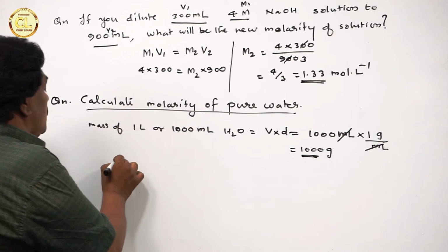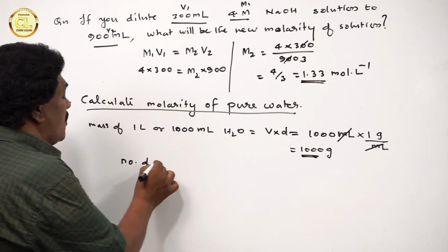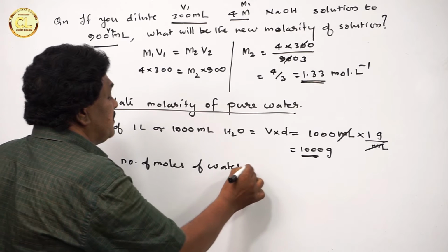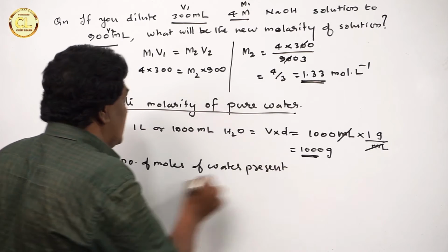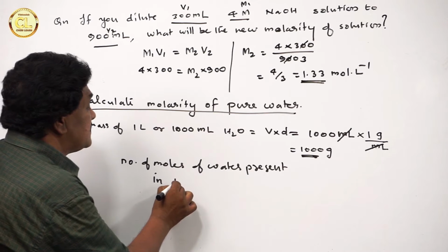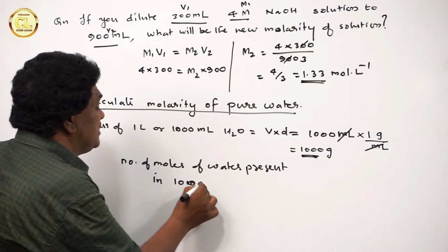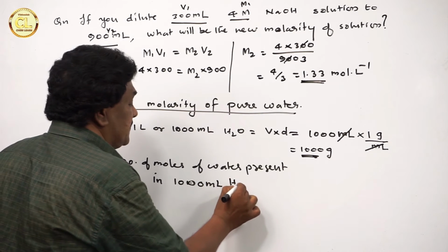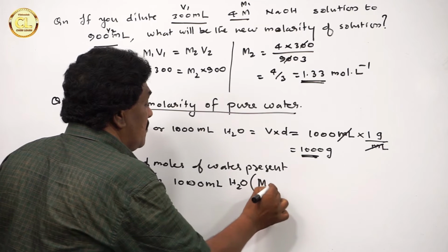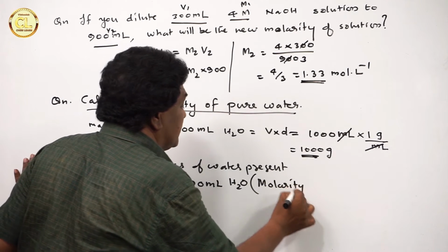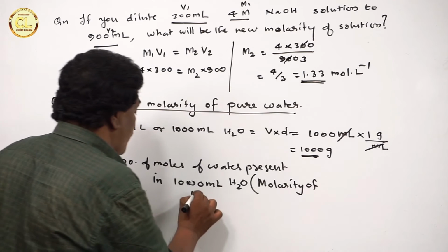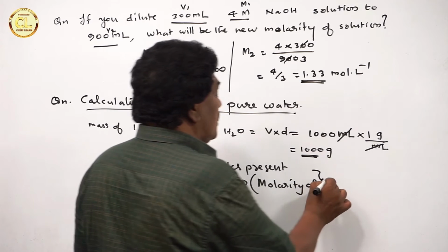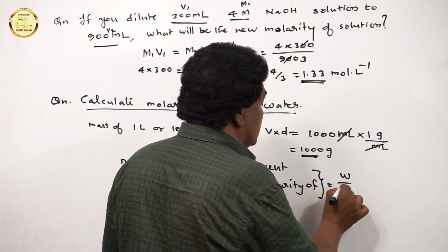Now, the number of moles of water present in 1000 milliliter water is the molarity of water. This is given by mass by molecular mass.